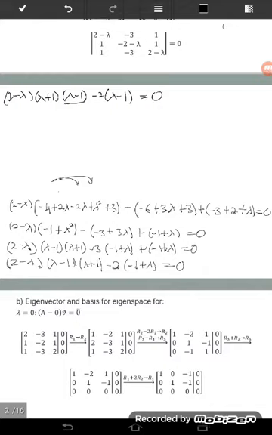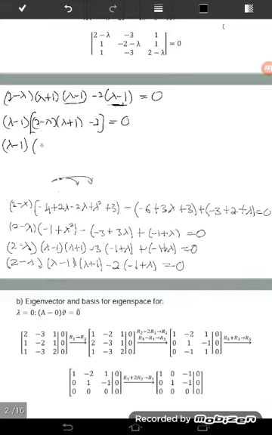Okay, so here equal, benda yang sama, so you can factor out. So you will have lambda minus 1, and then inside the bracket, so you will have 2 minus lambda, and then lambda plus by 1 minus by 2, which is equal to 0. And then simplify inside this one, so you will have negative lambda minus 1.